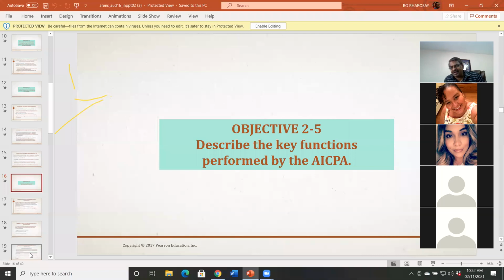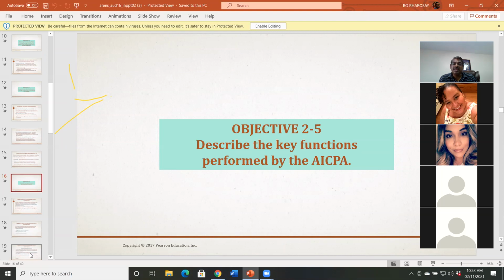The AICPA, the American Institute of Certified Public Accountants. The AICPA is a membership organization that is made up of CPAs. So every member of the AICPA has a CPA license.